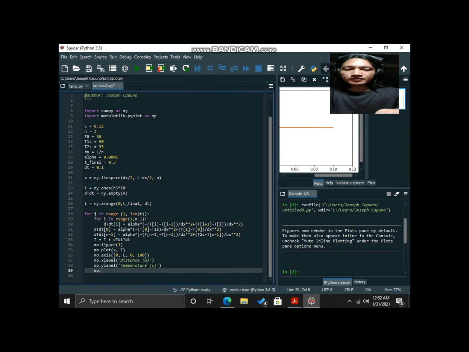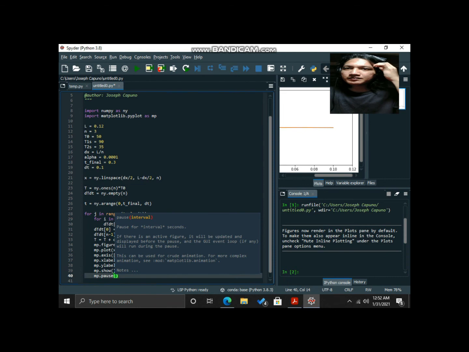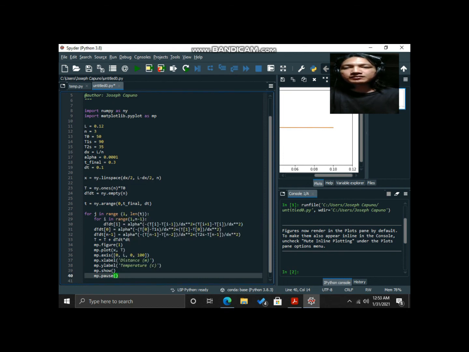So lagyan natin ulit mp.show, tapos mp.pause. Itong mp.pause is kung gaano lang kabilis mag-create ng bagong mga picture dito sa pyplot. Kung sabi natin every 1 second, medyo mabagal siya.